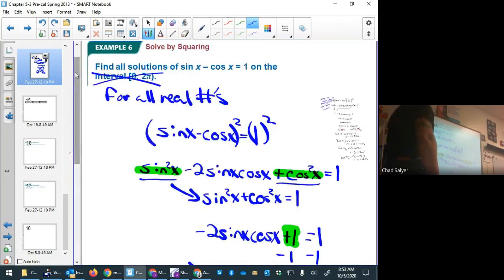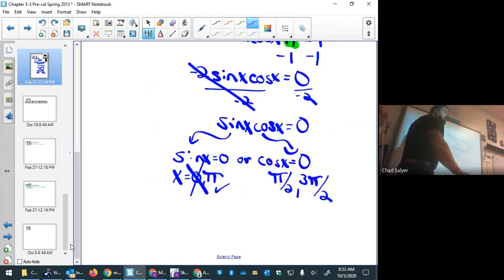Sine of pi is 0 minus cosine of pi, which is -1. So minus -1 equals 1. 1 equals 1. True. That's a valid solution. We're plugging these back in. Remember, we squared both sides. We introduced the possibility for an extraneous solution, so we got to check ourselves.